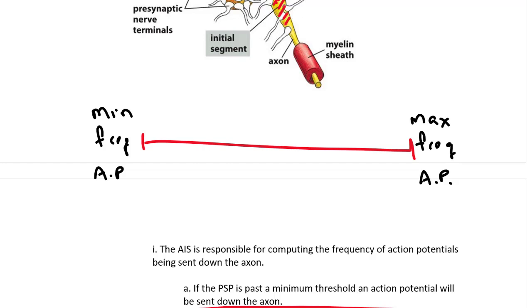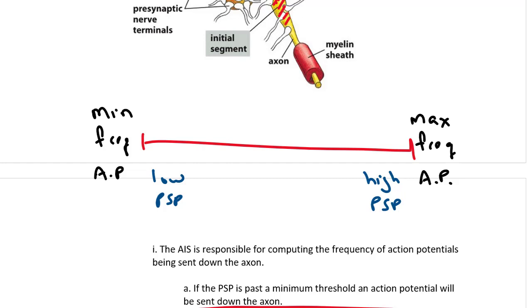Now, if the PSP is low but past threshold, so low PSP, you'll be somewhere in here. But if the combined PSP is high, then you want to be somewhere here. Because a high PSP means that there's a lot of excitatory signals coming into the soma and dendrites, and the neuron should compute a strong signal to send down its axon.